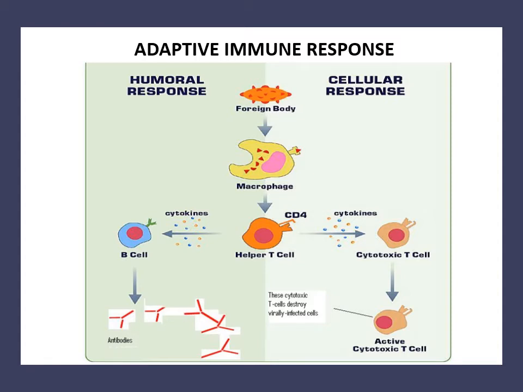The macrophage takes the foreign body and introduces it to the adaptive immune system and says, please make antibodies to this foreign invader. Please make cytotoxic T cells and T helper cells so that we can destroy this foreign invader and have a long-term memory so that when it returns again, we can destroy it.